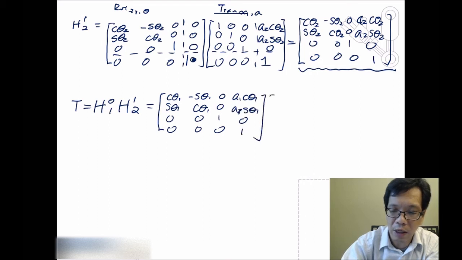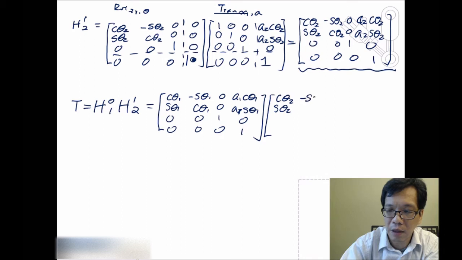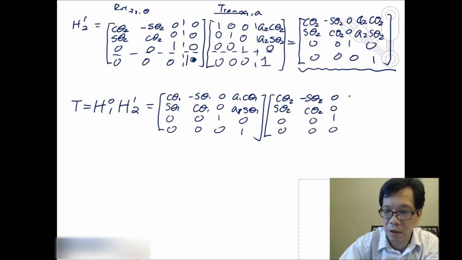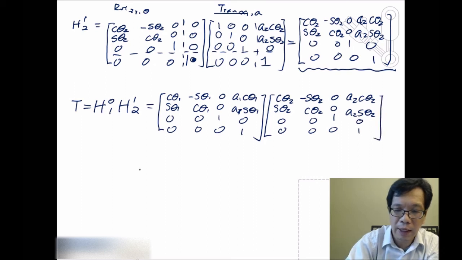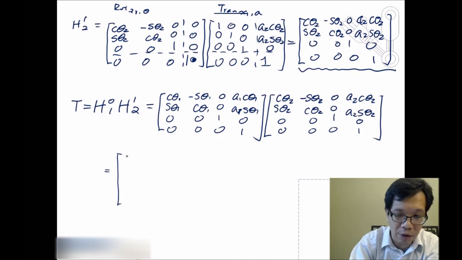The second matrix over here is going to be cosine theta 2, sine theta 2, negative sine theta 2, cosine theta 2, 0, 0, 1, 0, 0. Bottom over here, they are all zeros. And this is a2 cosine theta 2, a2 sine theta 2, 0, 1. Combine everything all together.